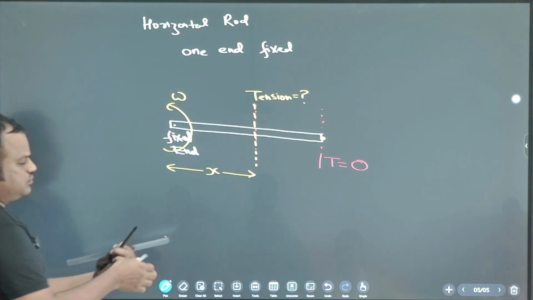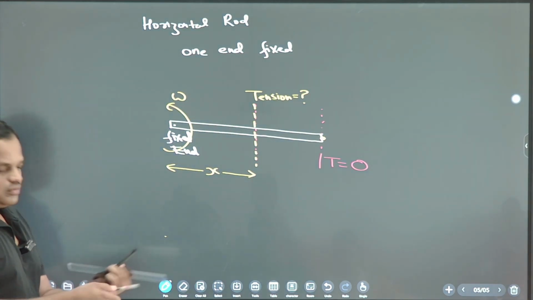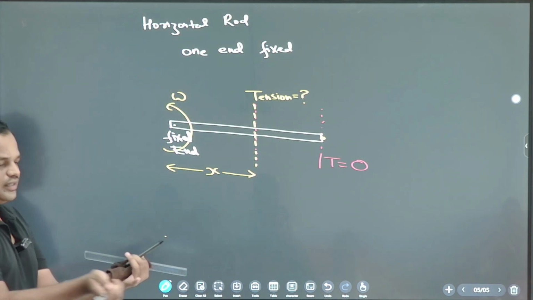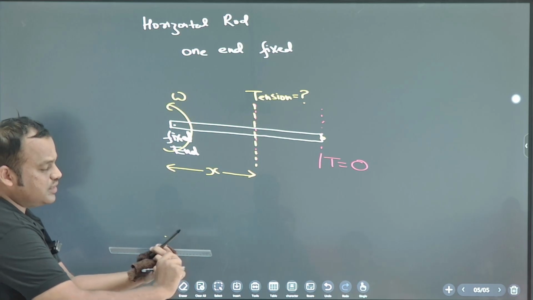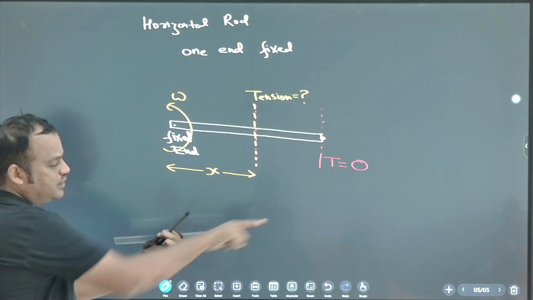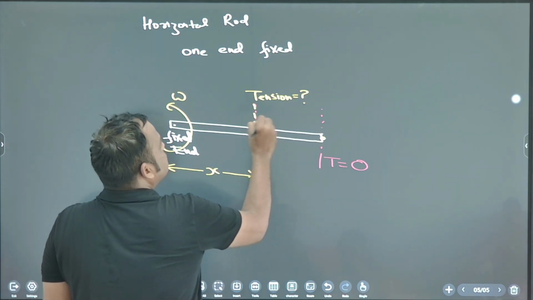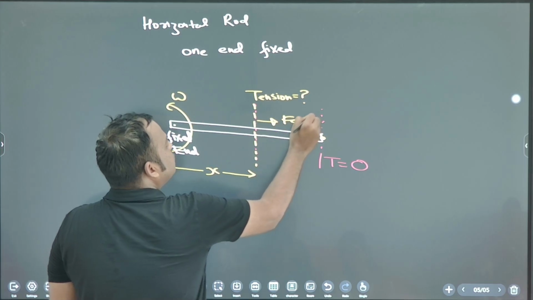So why is it falling? Tell me. Because when you rotate it, there is a force acting. Where is the force acting?